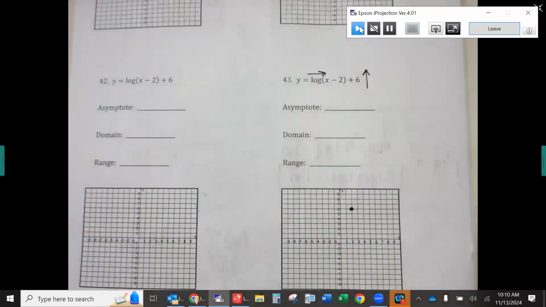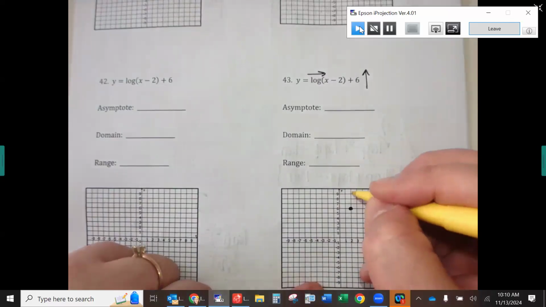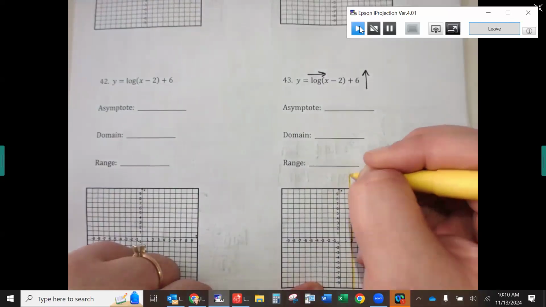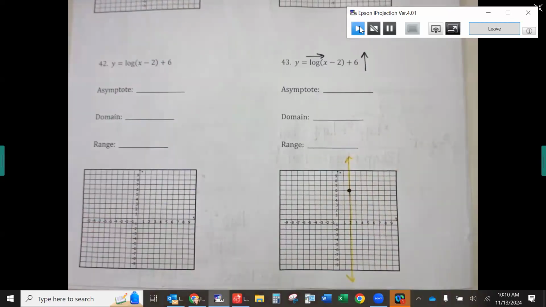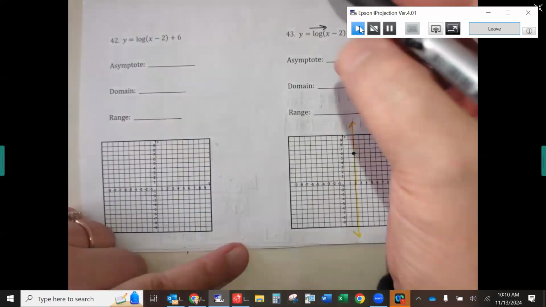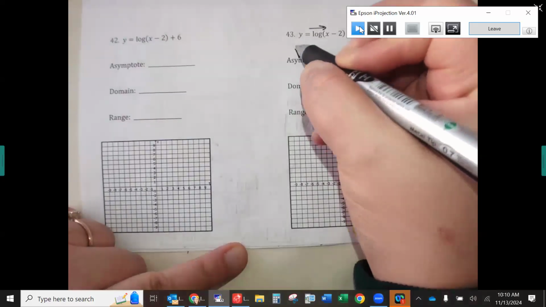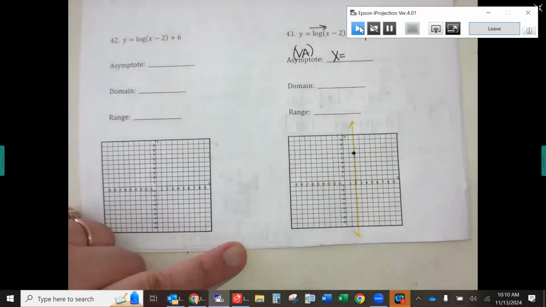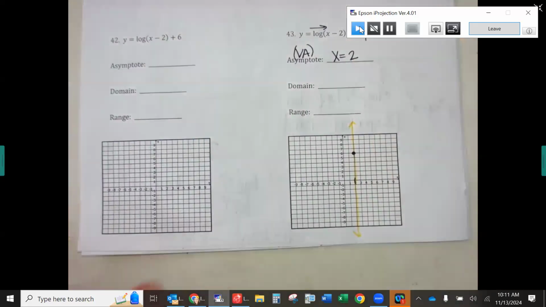But for a log graph, instead of a horizontal asymptote, you're going to have a vertical. Okay, so I'm going to put it right above my asymptote here. This one gets a vertical asymptote. And it's through x equals what x value? 2. Very good.